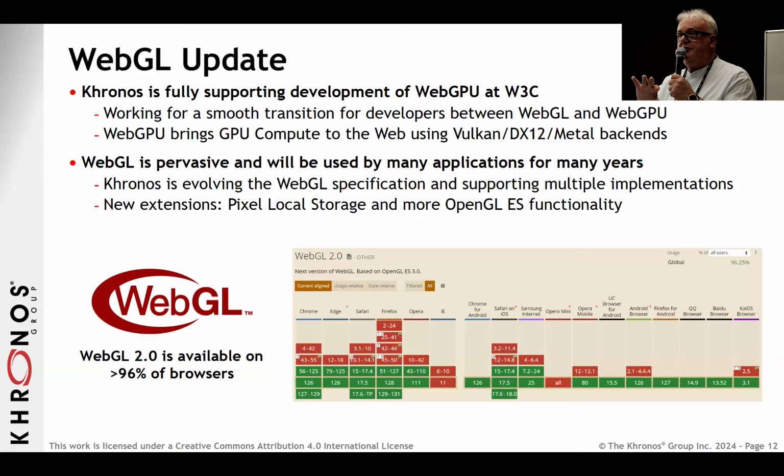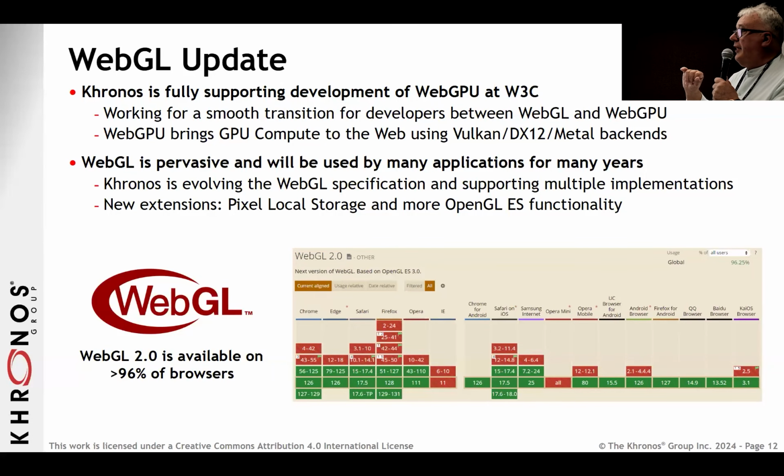And again, we want to work closely with W3C so we can do everything we can to make sure that transition is made as smooth as possible. But WebGPU is going to take a while to roll out to be as pervasive as WebGL. WebGL is now available in 97% of browsers. And WebGL is probably going to be around for longer than I am, for decades.